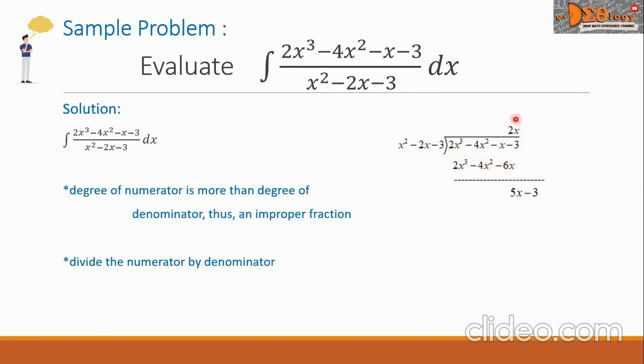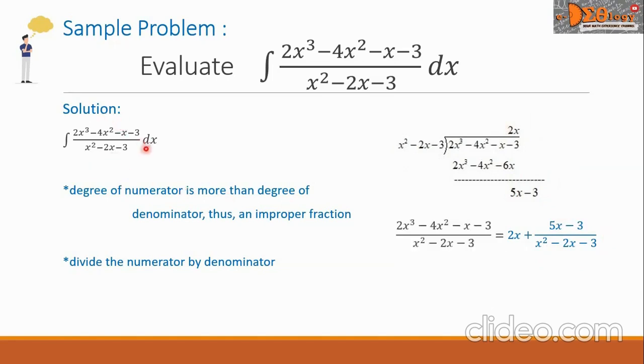It means 2x is the quotient. We have the remainder 5x minus 3, and the divisor is x squared minus 2x minus 3. So the answer can be expressed as 2x plus (5x minus 3) all over x squared minus 2x minus 3.